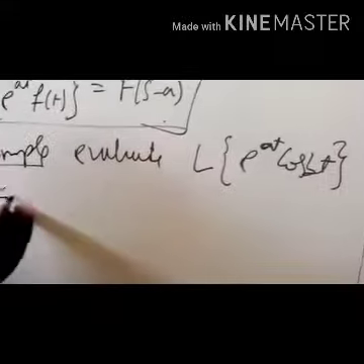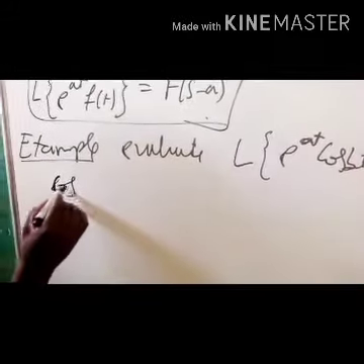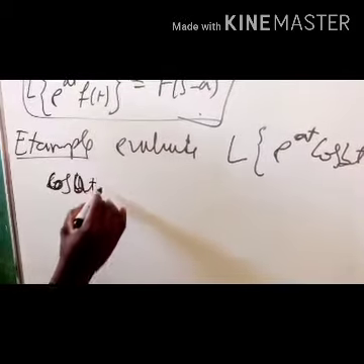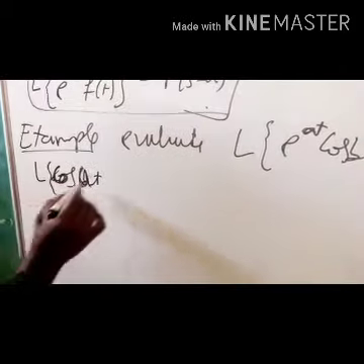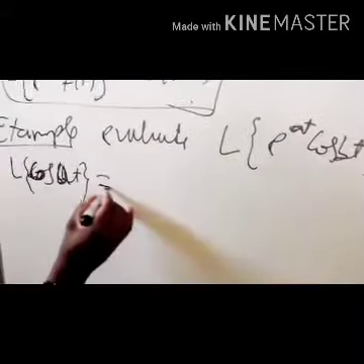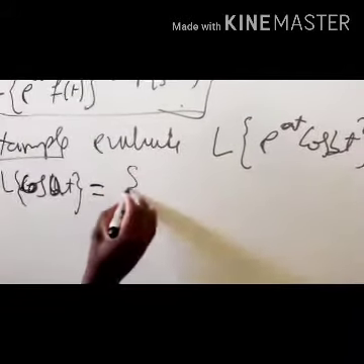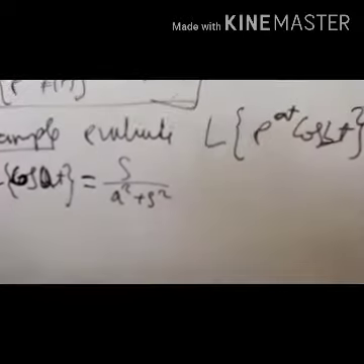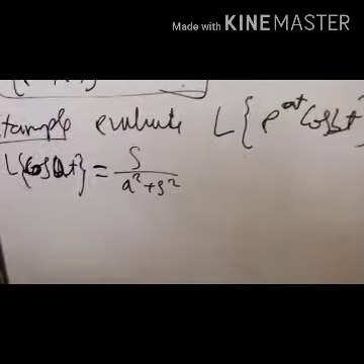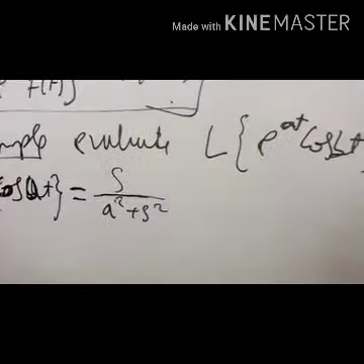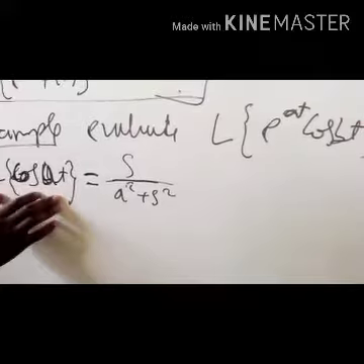We know that the transform of cosine of at is equal to s divided by s² plus a². By comparing this equation, this is the transform of cosine of at.